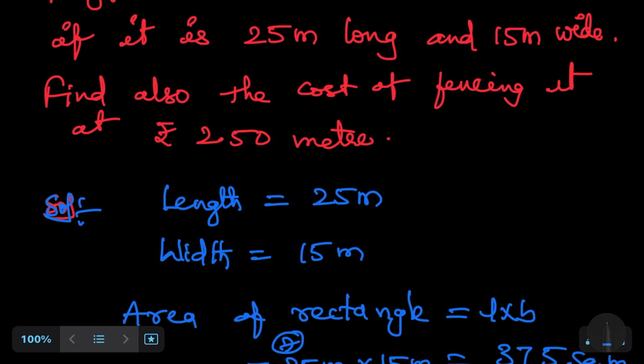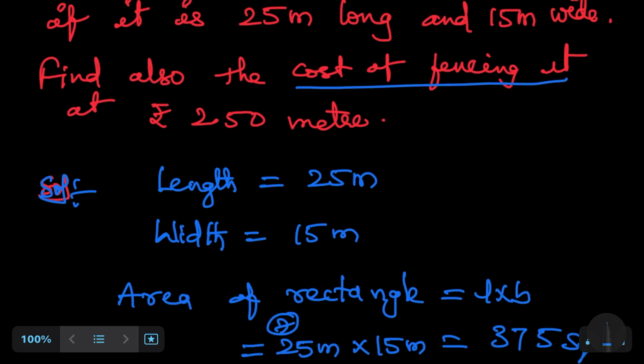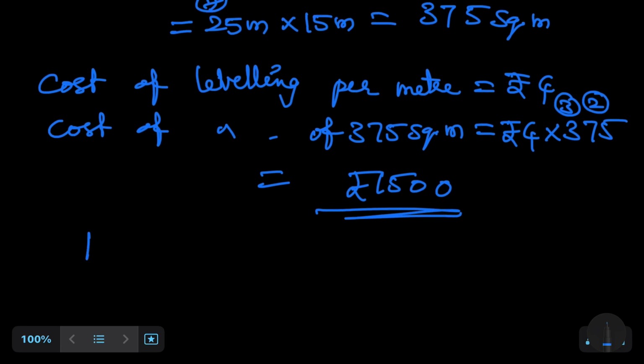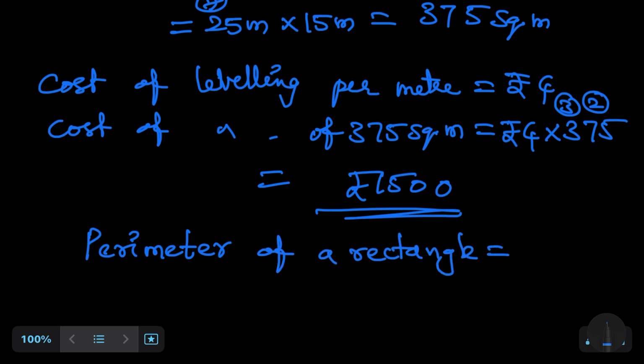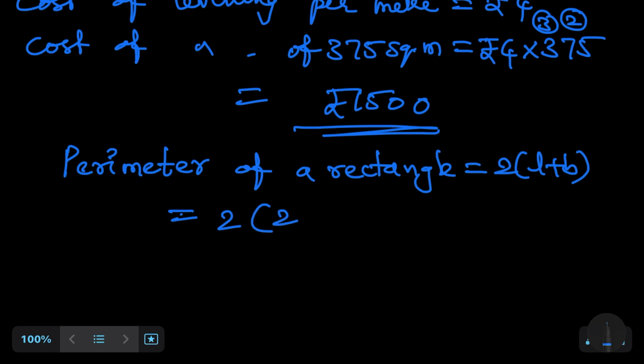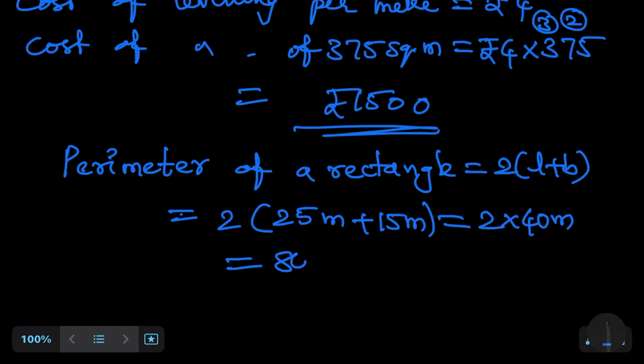Then also find the cost of fencing, 2 rupees 50 paise. Find out the perimeter of the rectangle. Perimeter of a rectangle is equal to 2 into (L plus B) equal to 2 into (25 plus 15), length is 25 meters, width is 15 meters. 25 plus 15 is 40 meters, so it is equal to 80 meters.